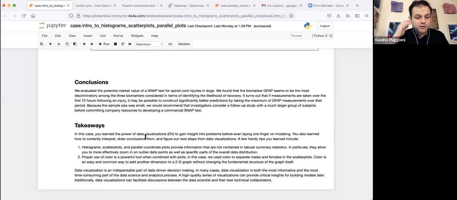So data visualization is a very important part of decision making. It's highly recommended not just in the investigation process, but also when you're trying to make a case, when you're making a report, when you're trying to convince somebody about the relevance of your conclusion.